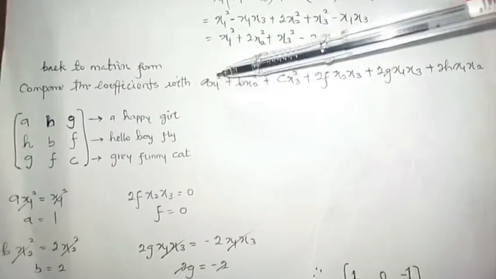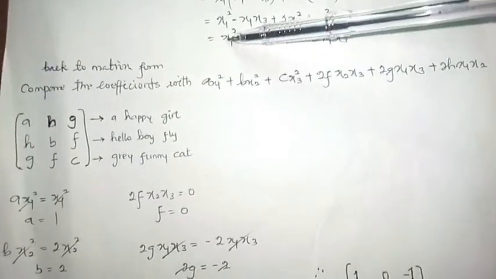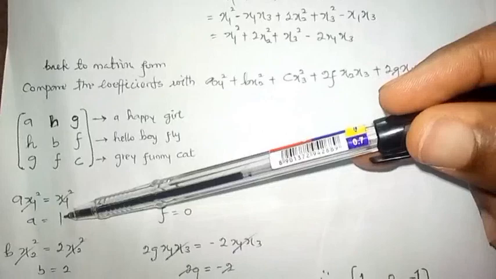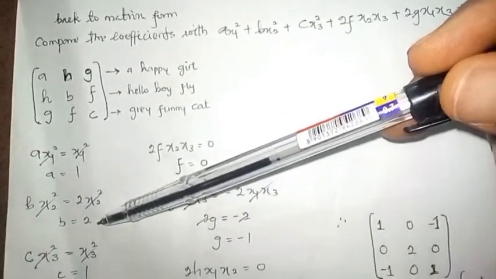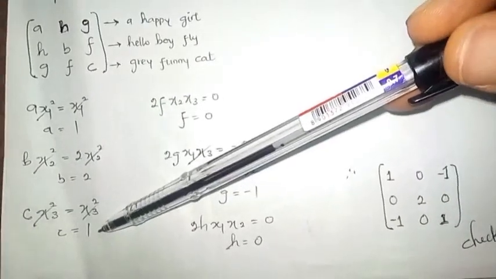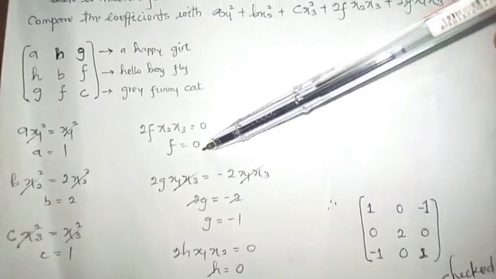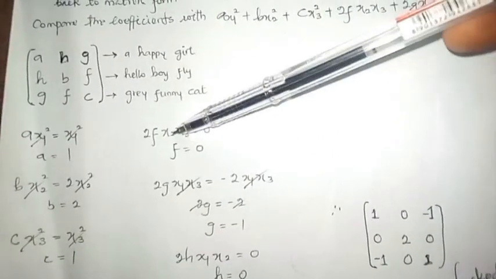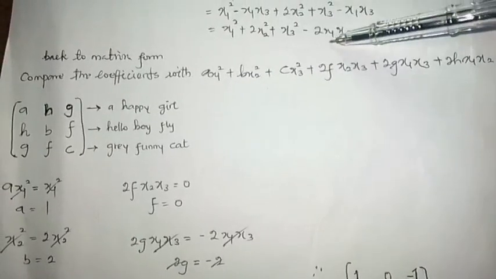Let's go back to that. Ax1, we compared it with the first one here. We got A equals 1. We compared for B, we got B equals 2. We came back and we compared for C, we got C equals 1. Then for F, because F has no variable x2, x3 on the main equation here, we can see there's no x2, x3.